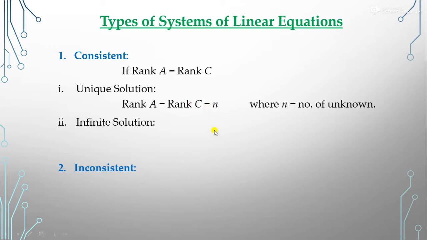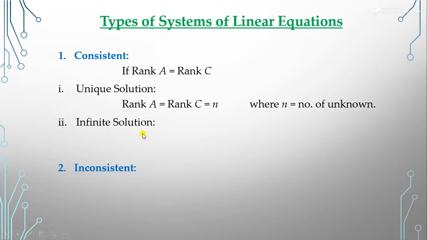Suppose you have a 2 by 2 system, two variable equations x and y, so rank of A should be 2, rank of C should be 2, and the number of variables is 2, right? If rank A and rank C are equal and also equal to the number of unknowns, you can say that your solution is the unique solution.